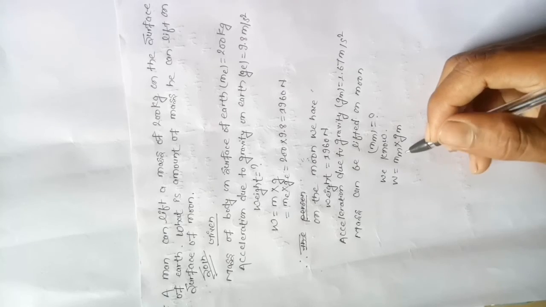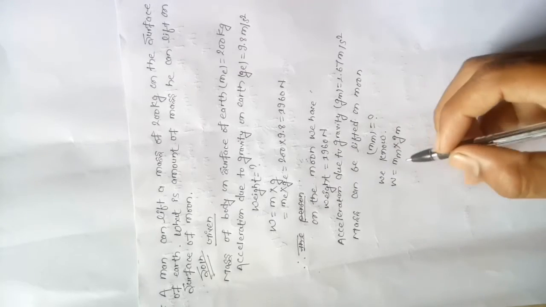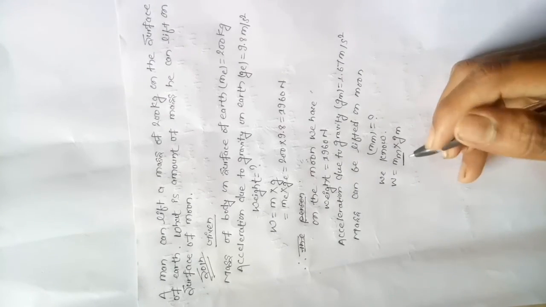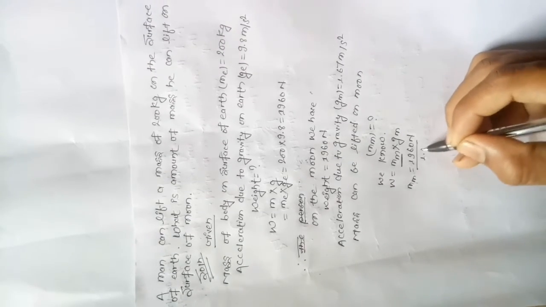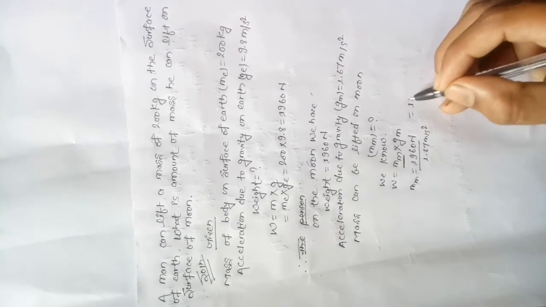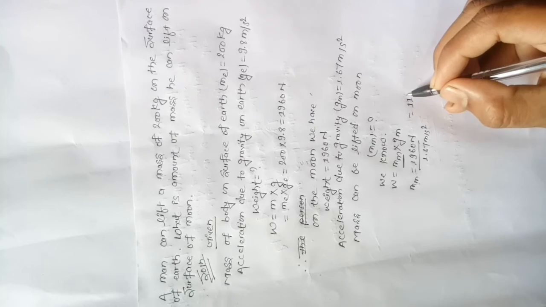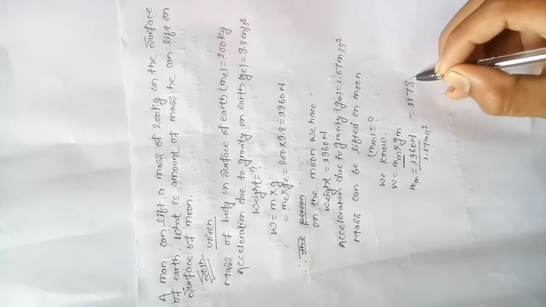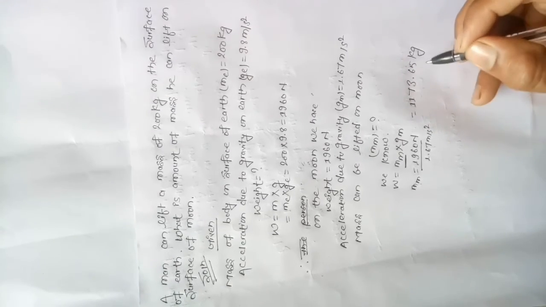Now we have to find the mass which can be lifted on the surface of the moon. So we will write here, mass on the moon is weight divided by gravity. The weight was 1960, and the gravity here on the moon is 1.67 meter per second square. If we type this in the calculator, we will get 1173.65 kg. So this is the solution.